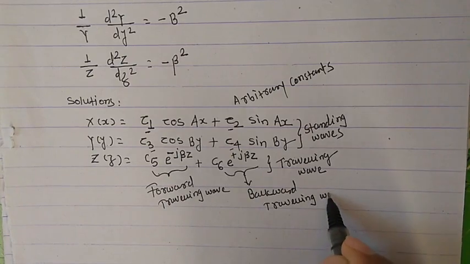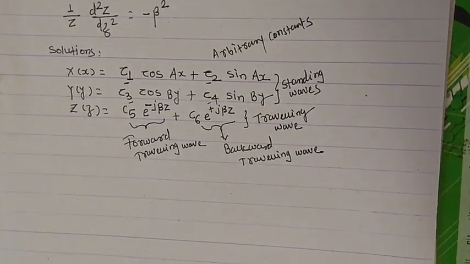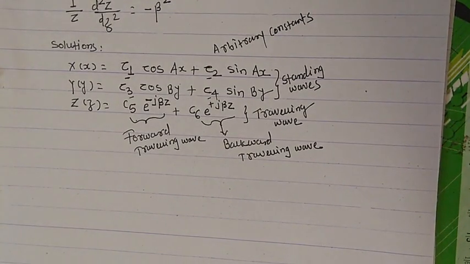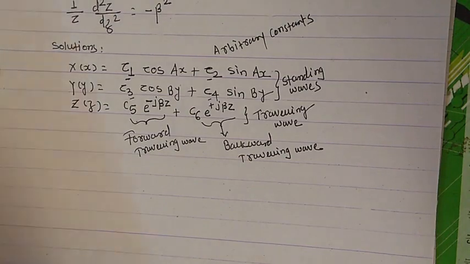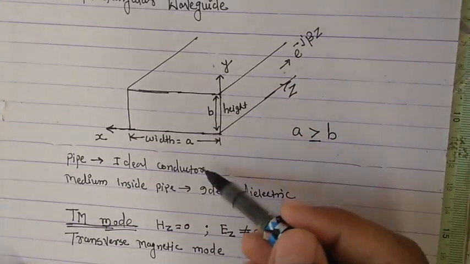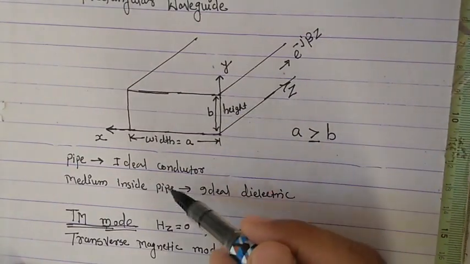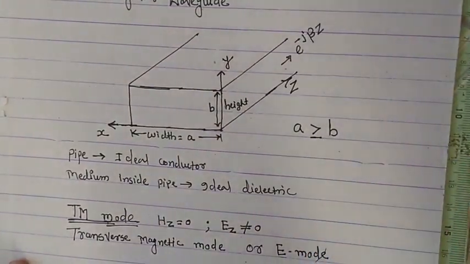For simplicity, you assume that no wave is traveling in the backward direction, no wave is traveling in the negative z direction. In other words, we are saying that the transmission line is infinitely long.